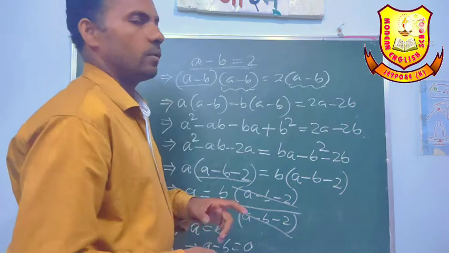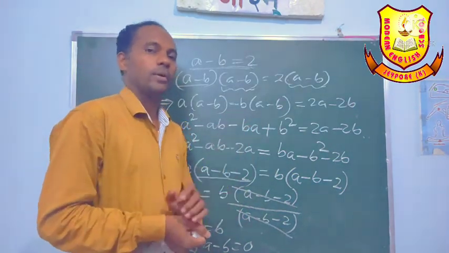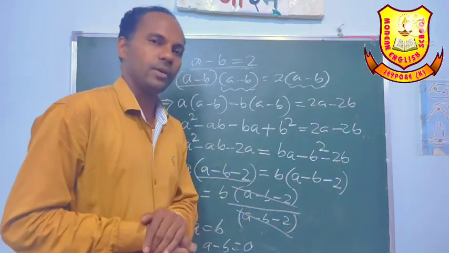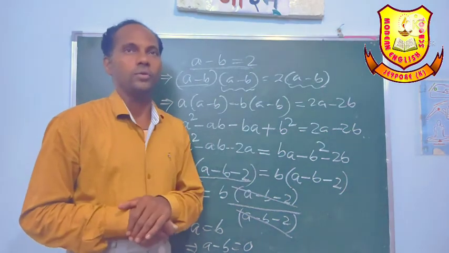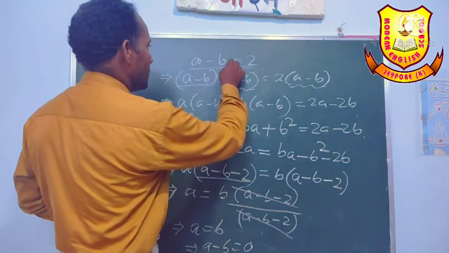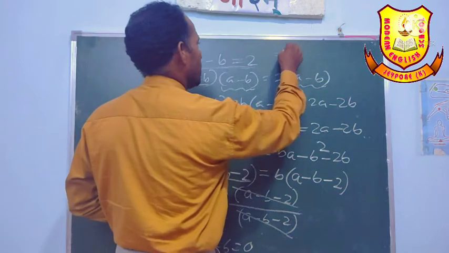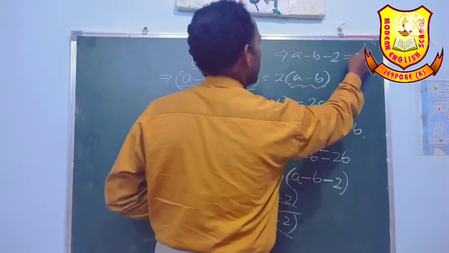Which one I have taught you: that a rational number is a number which can be expressed in the form p by q, where p and q are integers and q is not equal to 0. Here see, a minus b equal to 2 means a minus b minus 2 equal to 0.